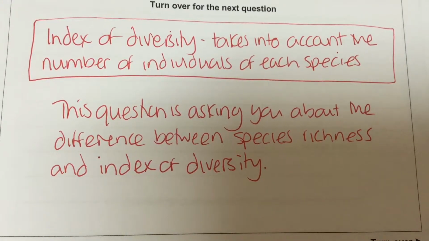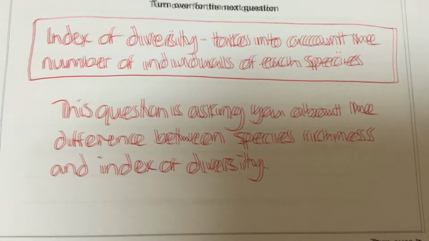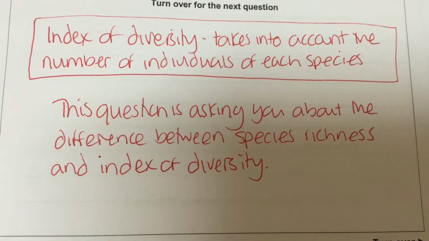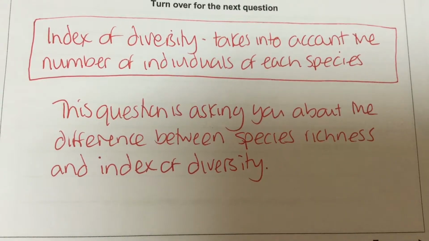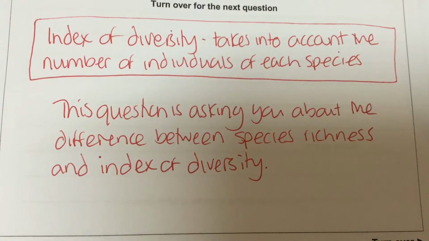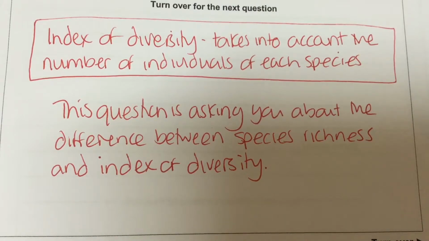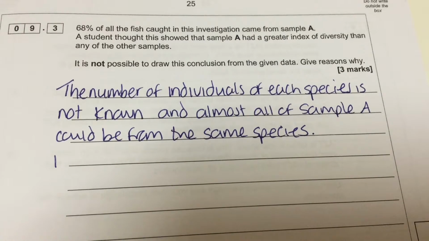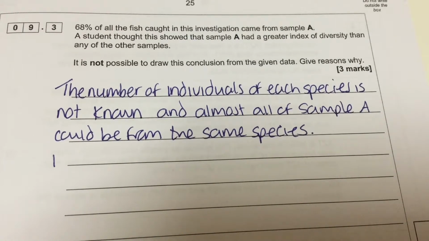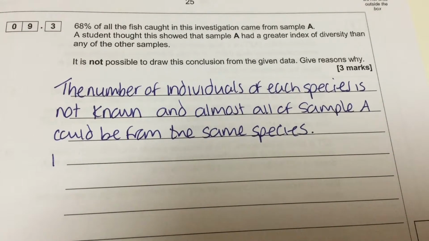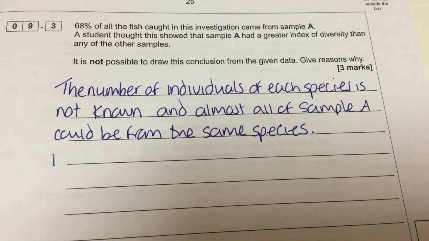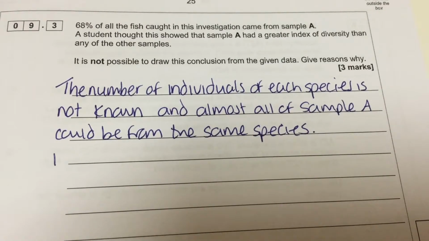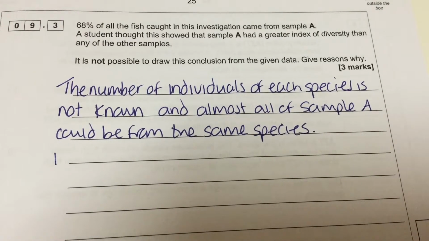And you'll recall from Unit 10 of the AQA book that basically species richness is about the number of different species in a sample. But it doesn't take into account the number of each species, whereas the index of diversity takes into account the number of species and the number within each species. So to answer our question, we're going to say that the number of individuals of each species is not known, and almost all of sample A could be from the same species.